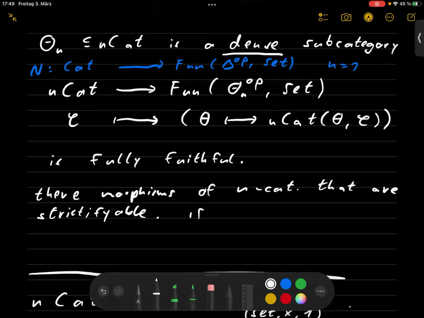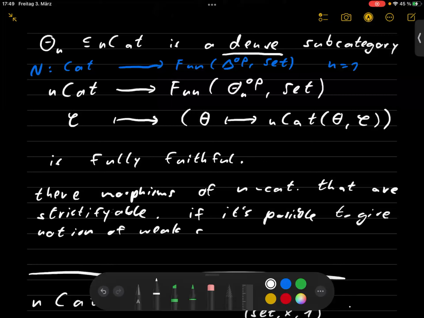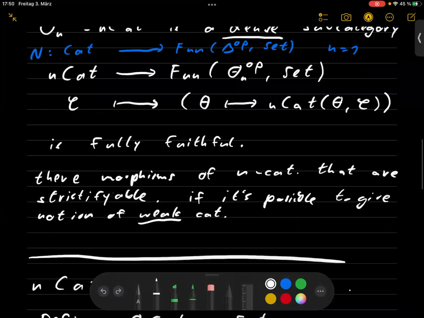So if it is possible to give a notion of wreath category, and now get some subcategory of these presheaves on Theta, such that these are exactly the wreath categories, and their morphisms are morphisms of wreath categories, then this being fully faithful would mean that all those are strictifiable.